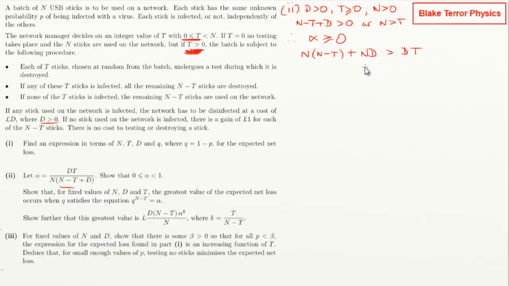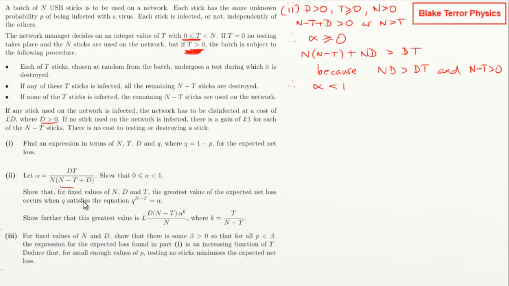That's definitely going to be greater, because we've got nd is greater than dt, and n minus t is greater than 0, because n is greater than t. So that's dropped out okay. So therefore alpha is less than 1. Right, so that was fine.